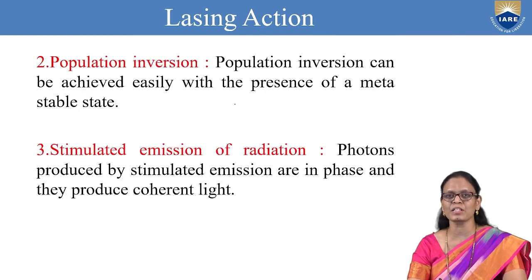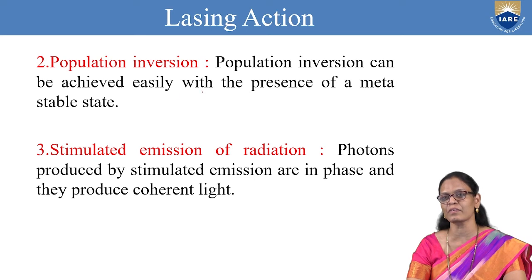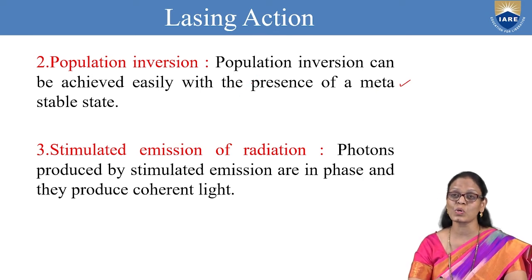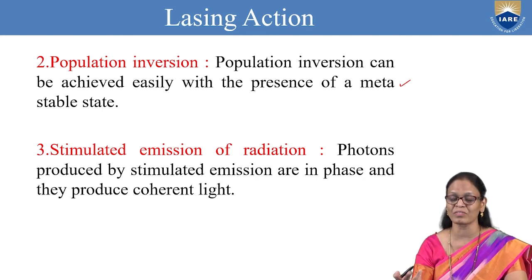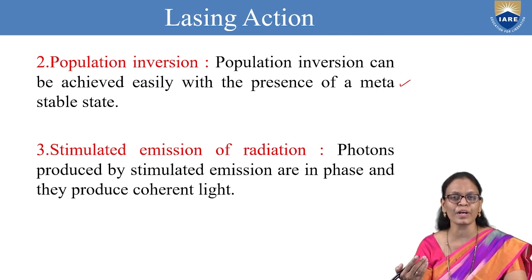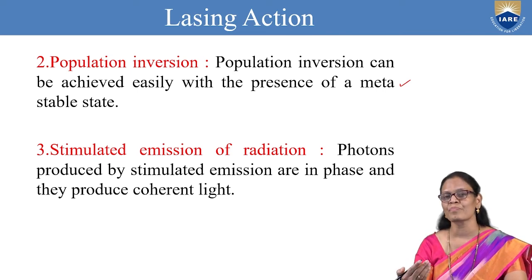Population inversion can be achieved easily with the presence of a metastable state, which we have already discussed. If there is a metastable state, the process becomes very simple. Instead of having only a 2-level laser, if we go for 3 or more levels, with a level in which the atoms can stay for a relatively longer time, the emission becomes very easy.